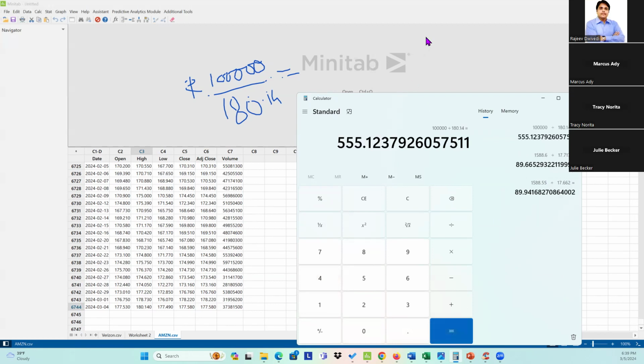That means I will get almost 555 stocks. So 555.12 stocks I can get today.